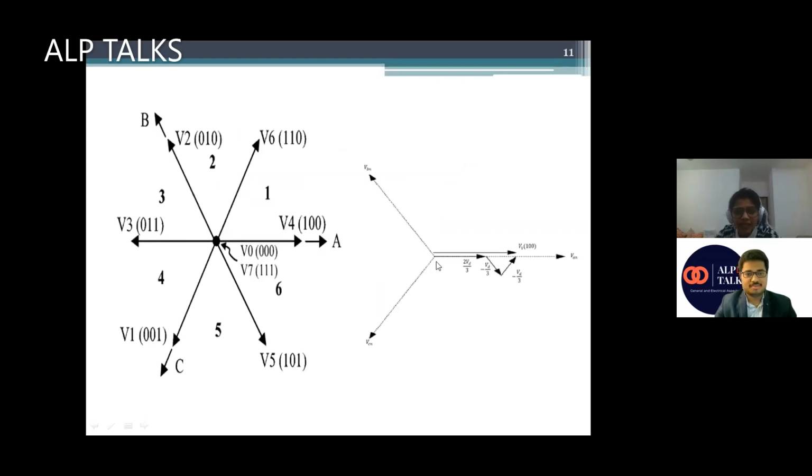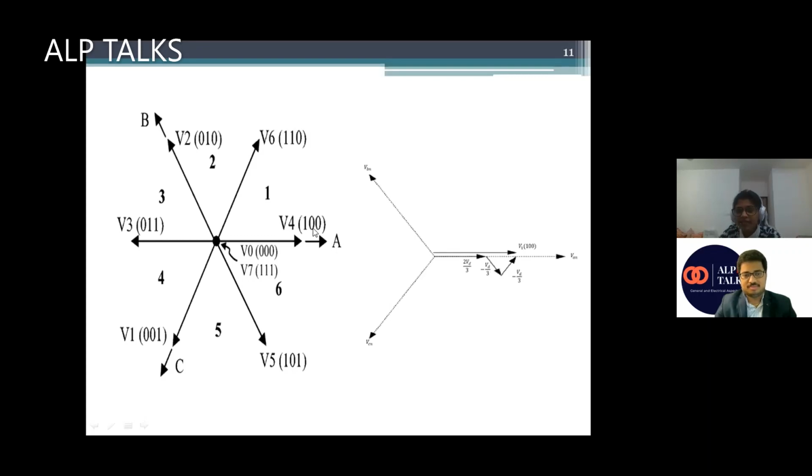So when S1 is on, it will output VAN and it will be 2 VDC by 3, in A phase only. When S6 is on, that means it is minus VBN, minus VDC by 3, in the opposite direction of B phase.